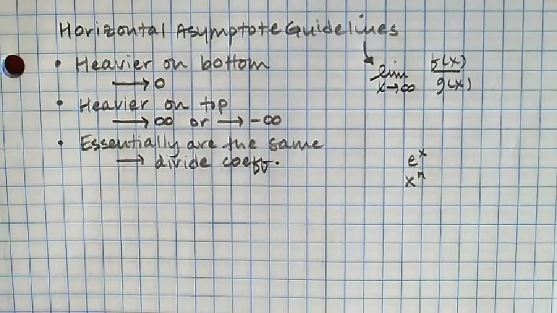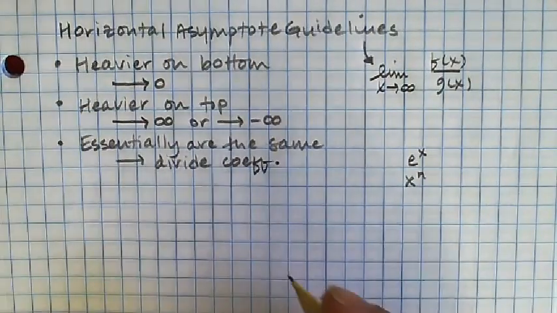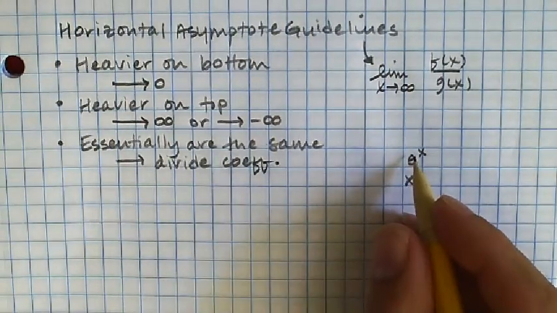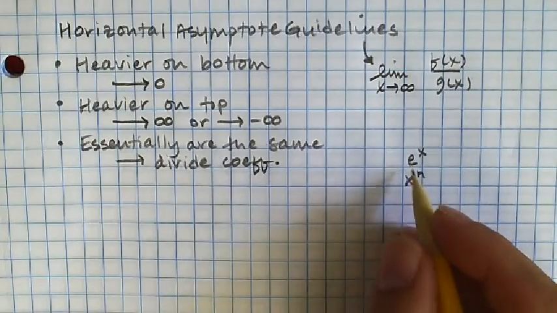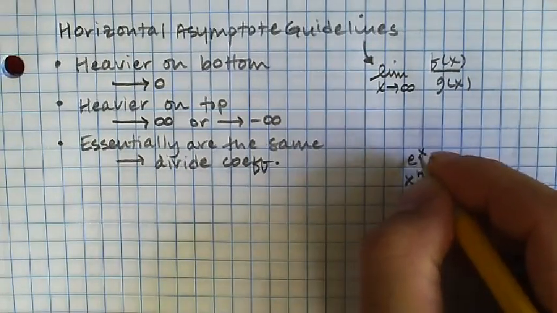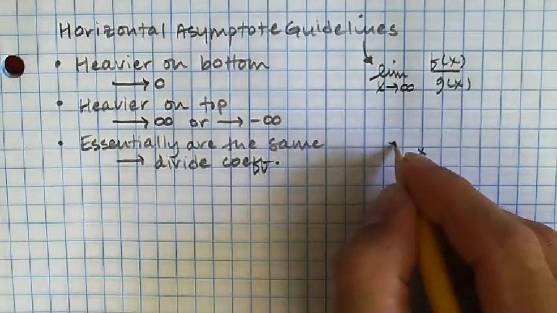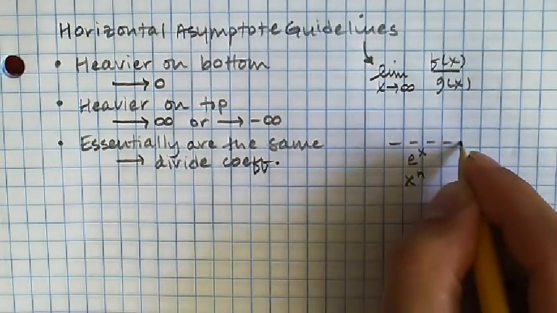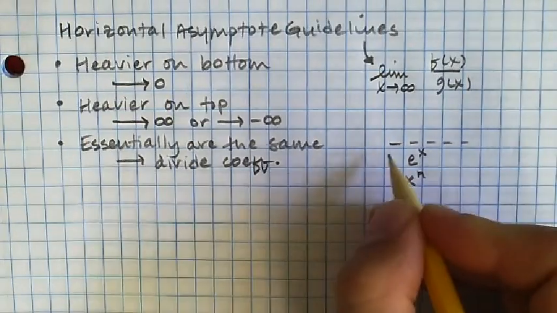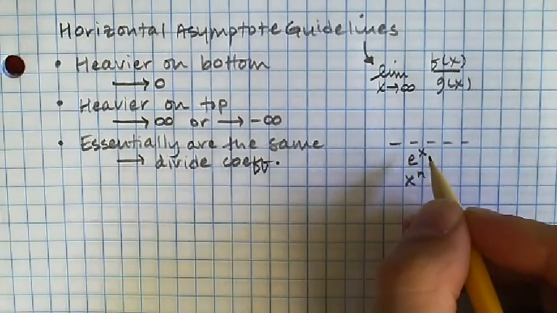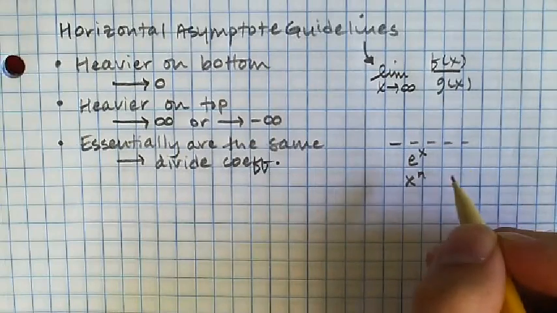Even x to the 999 or x to the 1 million, whatever power you want, I can outclass it just with 1.01 to the x. There are things faster than e to the x that we won't really need to worry about in this course. And of course, a larger base on an exponential will lead to faster growth. So 10 to the x grows faster than 3 to the x.